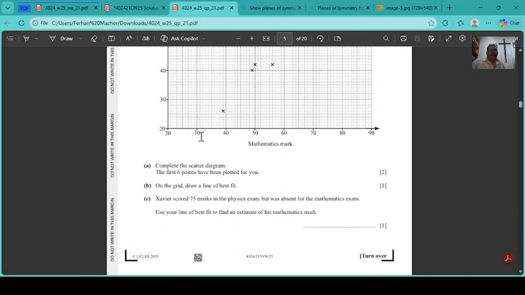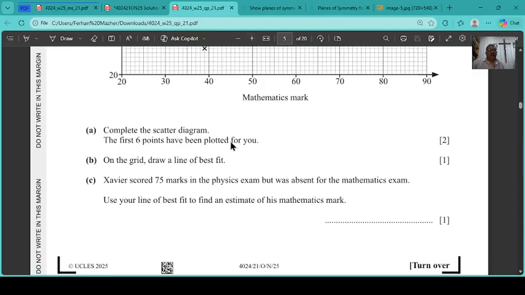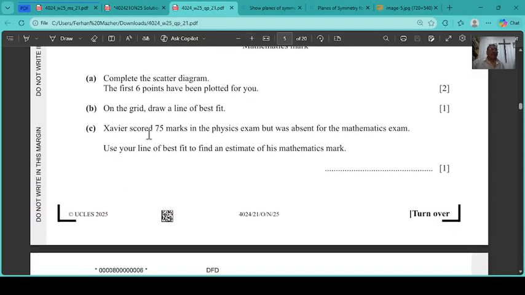Okay, then they ask us to do another thing. Xavier scored 75 marks in the physics exam but was absent for the mathematics exam. Use your line of best fit to find an estimate for his mathematics marks. So his marks in physics are 75.